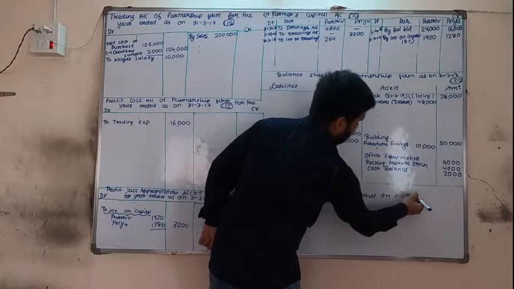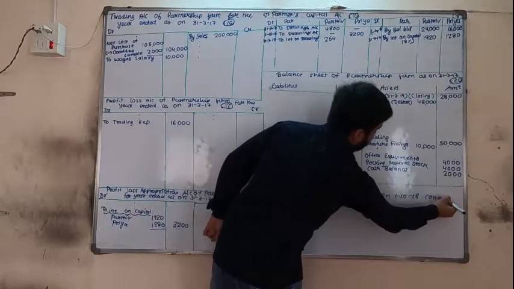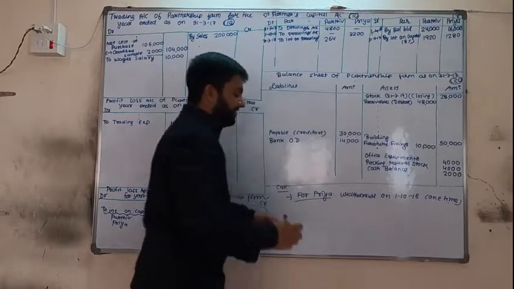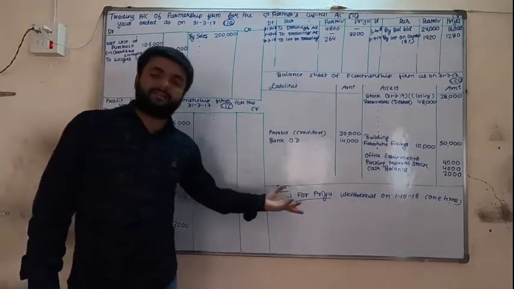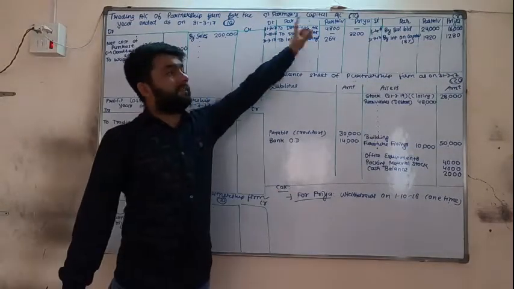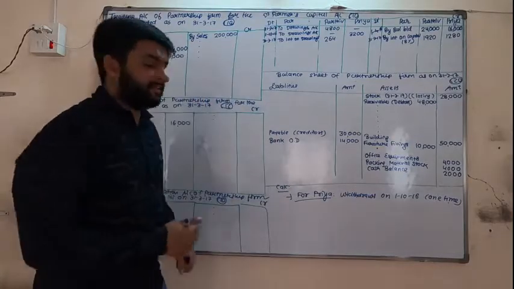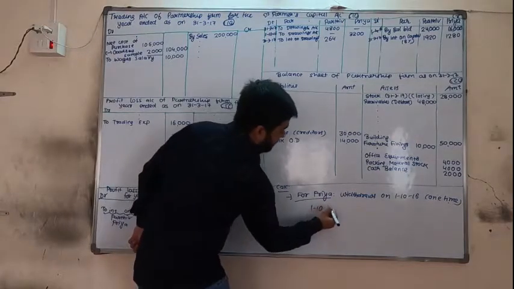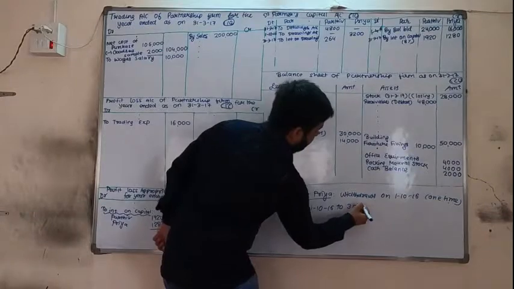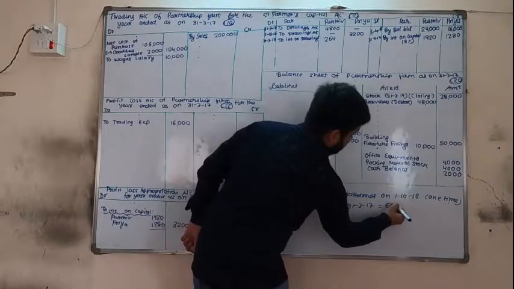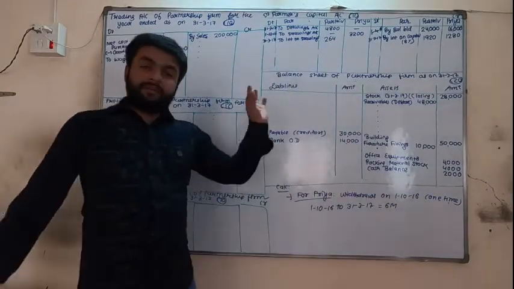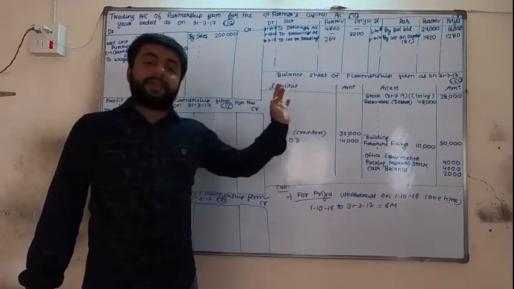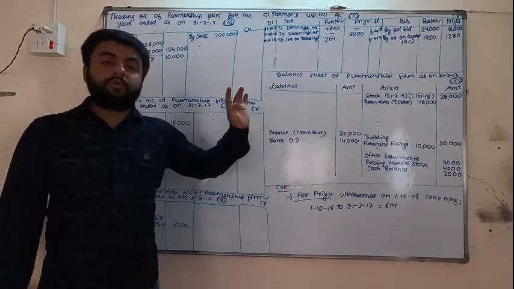She withdraws on 1/10/16, one time. In the book it is not clearly stated as one time, but it is to be understood. She is withdrawing 3200 one time only on 1/10/16. So from 1/10/16 to the last date, 31/3/17, is 6 months: 10, 11, 12, 1, 2, 3.